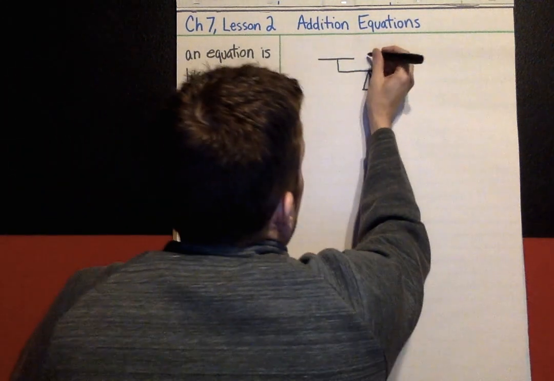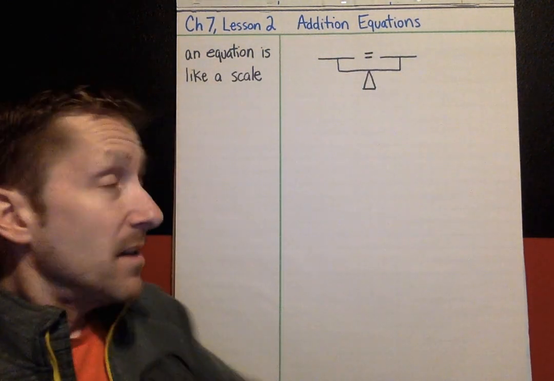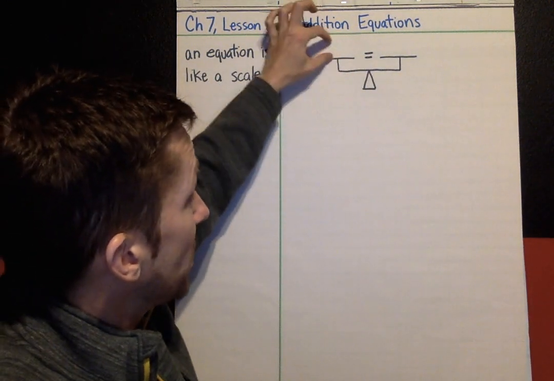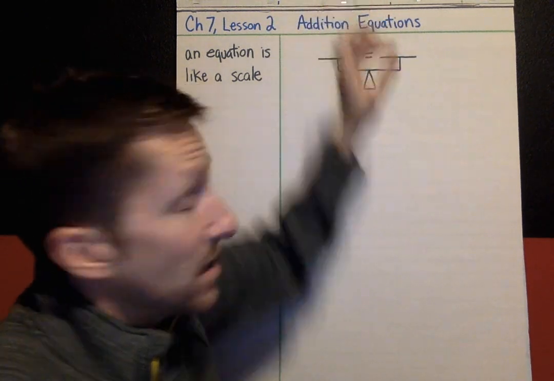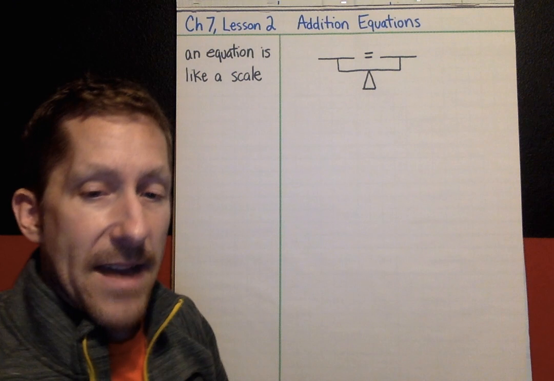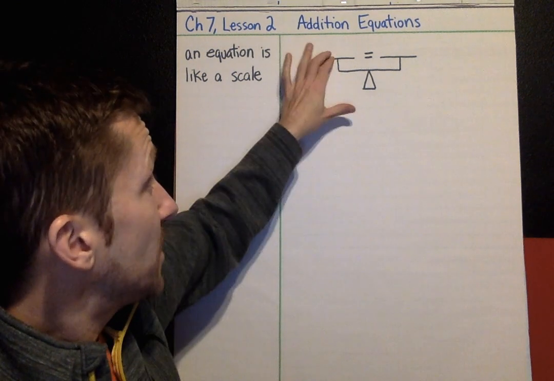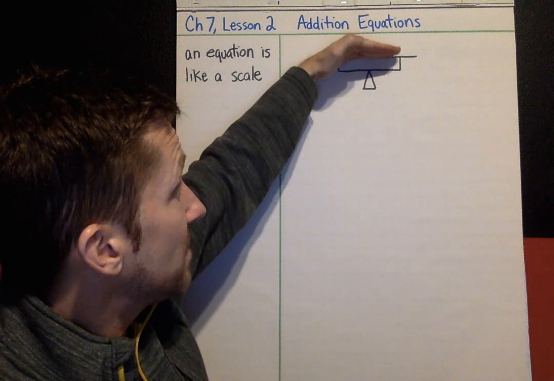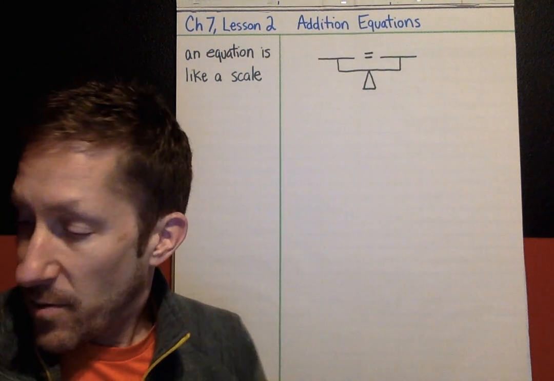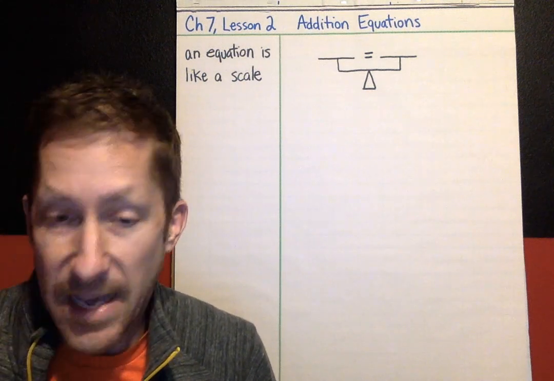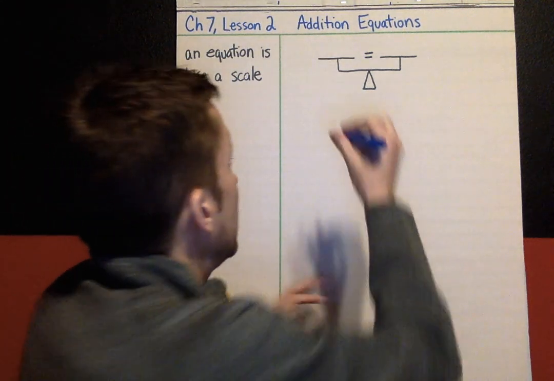And that equal sign is right in the middle of this scale. So something, an expression on this side, an equal sign, and an expression on this side. That's the way I want you to think about an equation always, that it's something equal to something and it's in balance.